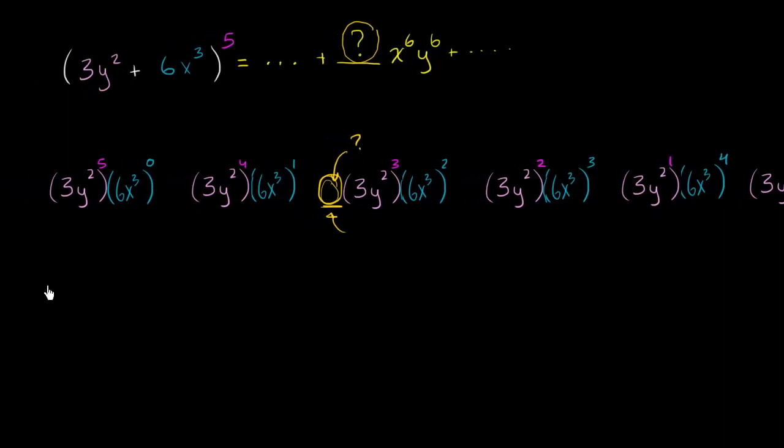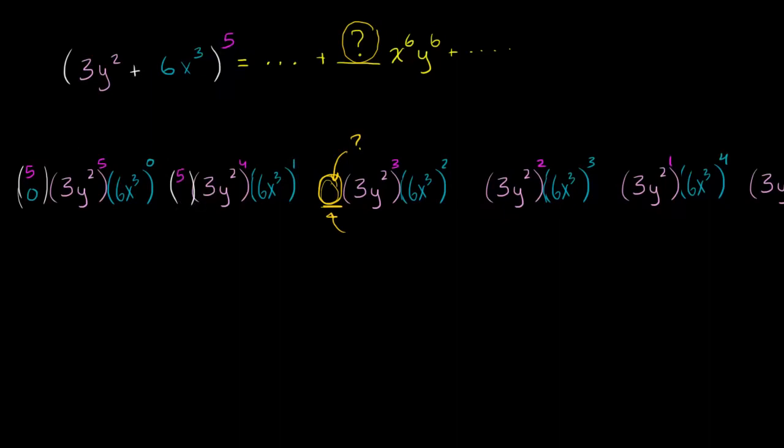If we use combinatorics, we know that the coefficient over here is going to be 5 choose 0. The coefficient over here is going to be 5 choose 1. And we've seen this multiple times. You could view it as the top being the exponent that we're raising the whole binomial to, and the number we choose is the exponent on the second term.